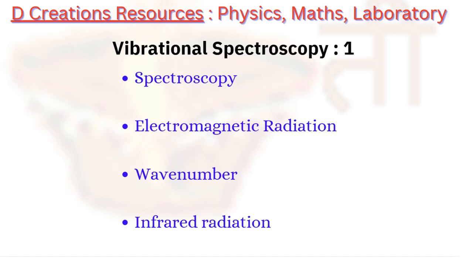Then there is the X-ray region, where the energy changes involve the inner electrons of an atom or molecule. Lastly there is the gamma ray region, where energy changes involve nuclear excitation, and so on and so forth. But our focus when it comes to vibrational spectroscopy is of course the infrared region of the electromagnetic spectrum. We'll look at the details in the next episodes.